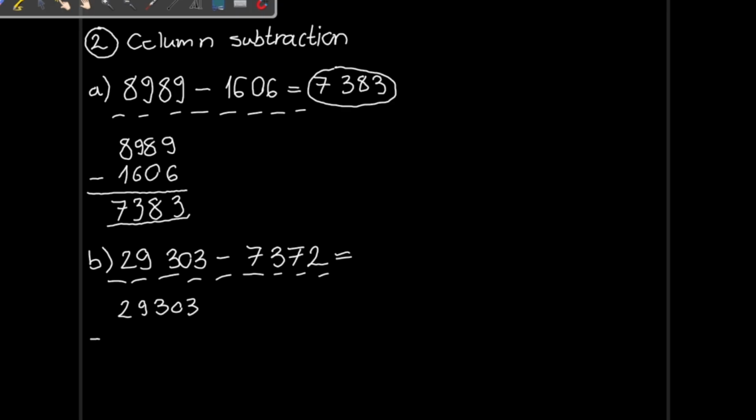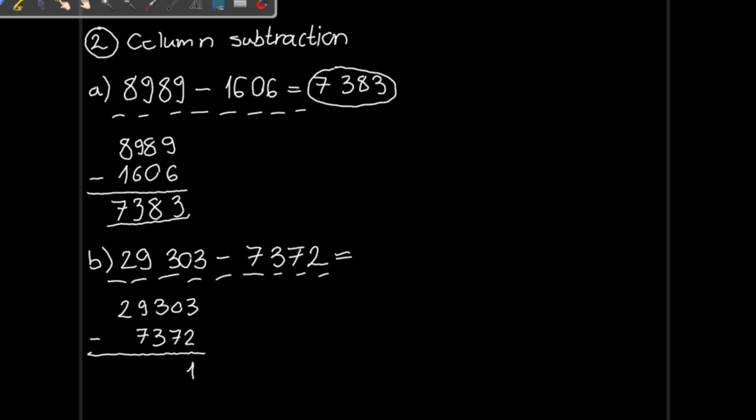Minus. Alright, this is a 4-digit number, so we need to write a 7 under the 9. And then 3, oops, 7, 2. This is a 3.